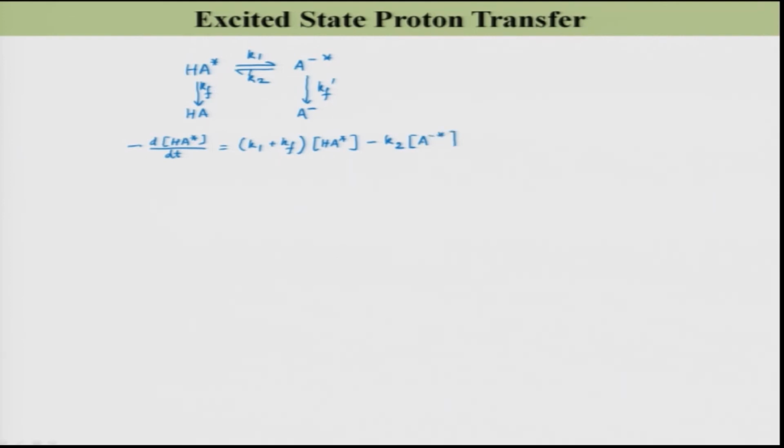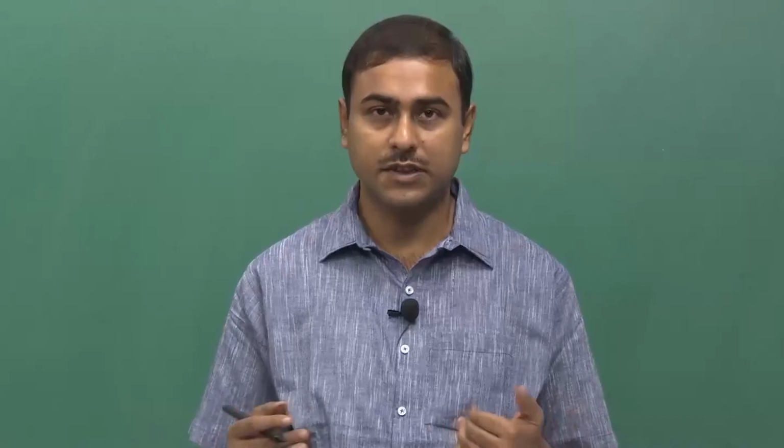So, for A minus star, I have d A minus star dt is equal to K1 HA star minus (K2 plus K f prime) into A minus star. Right.